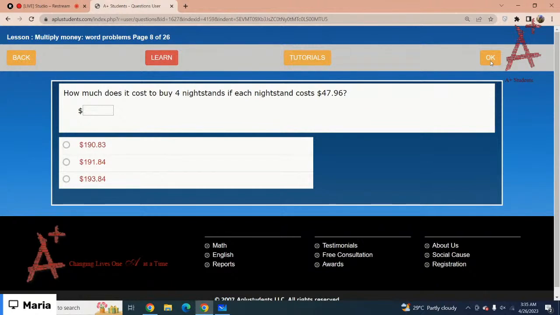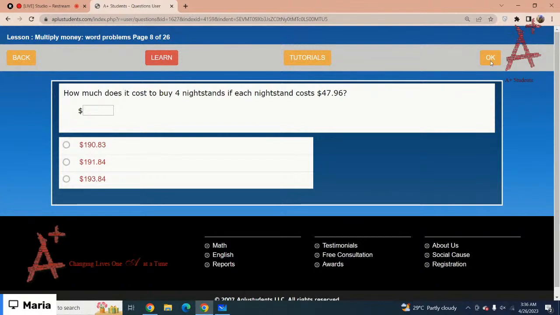Got it? 4 times 6 is 24. 4 times 9 is 36 and 8. 4 times 7 is 28.